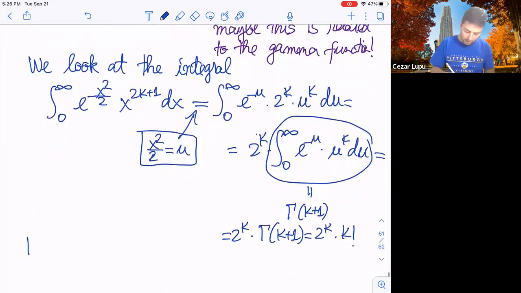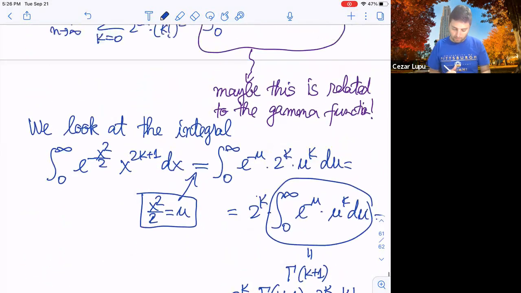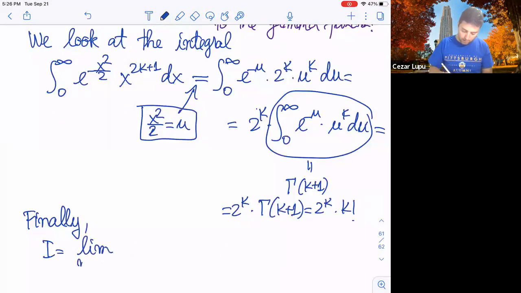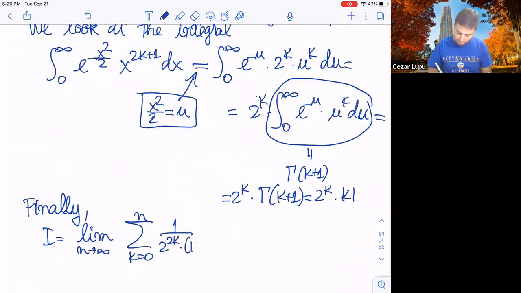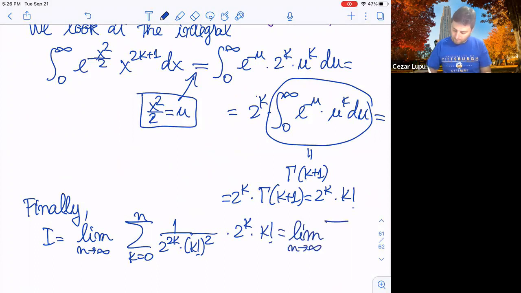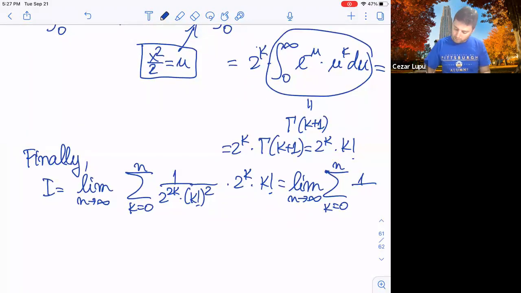All right, let's put everything together. So it follows finally that the integral I will be the limit as n approaches infinity of the sum of 1 over 2 to the k times k factorial.